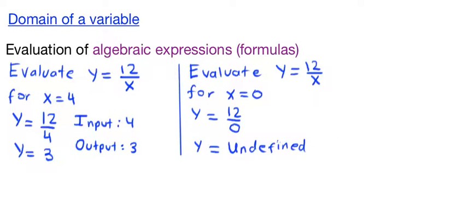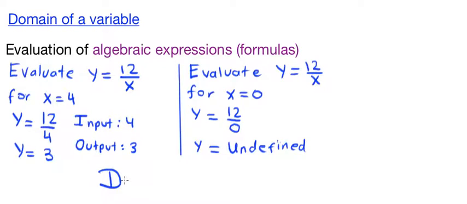So the idea behind finding the domain of a variable is to collect all the good inputs, the inputs that are going to give us good outputs. So, for instance, notice that in here the only value of x that is going to give us this undefined situation is x equals 0.